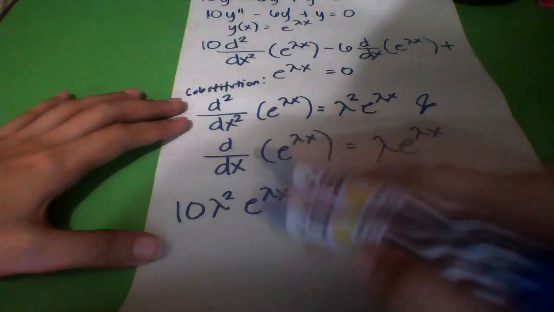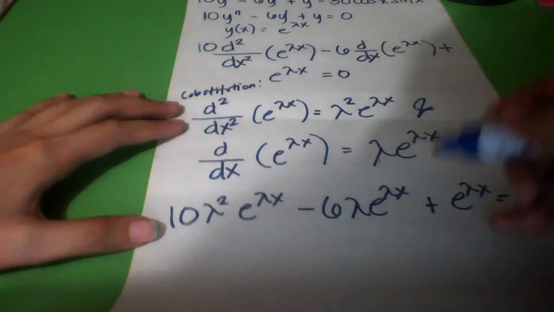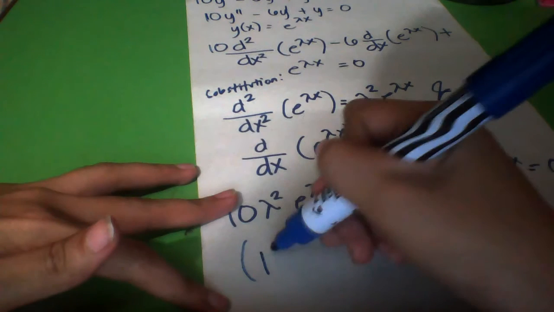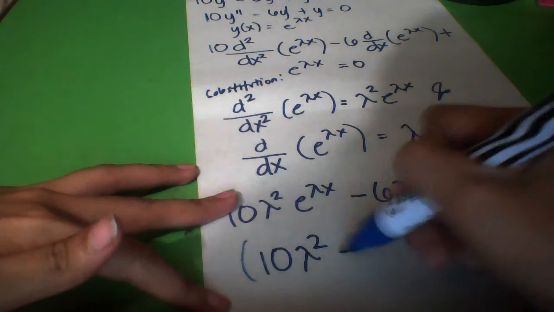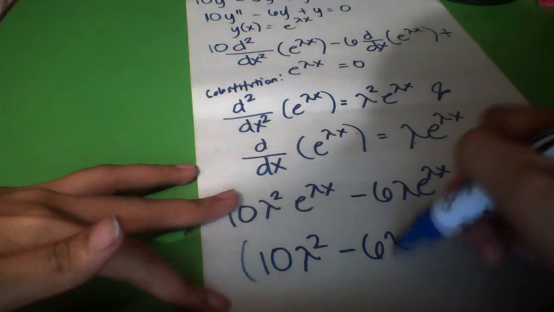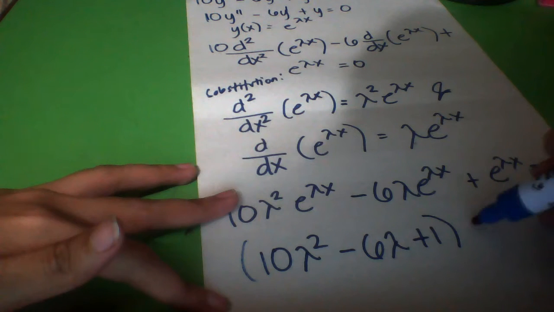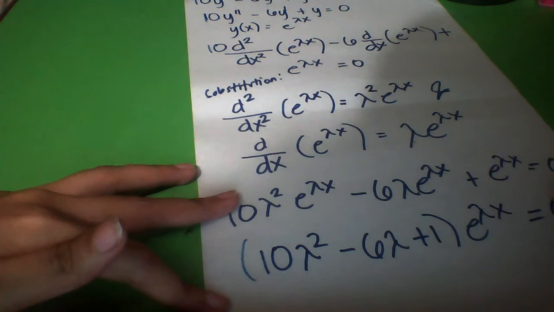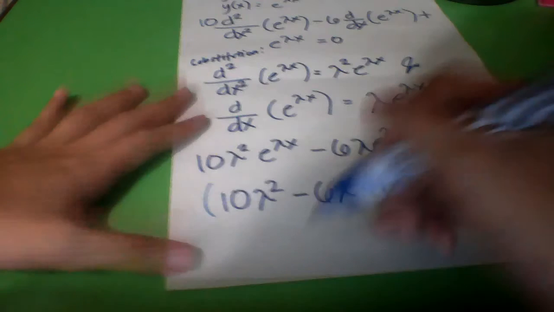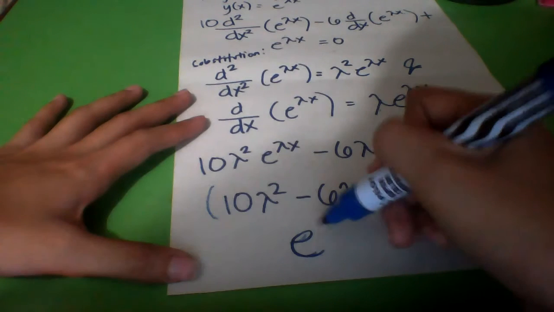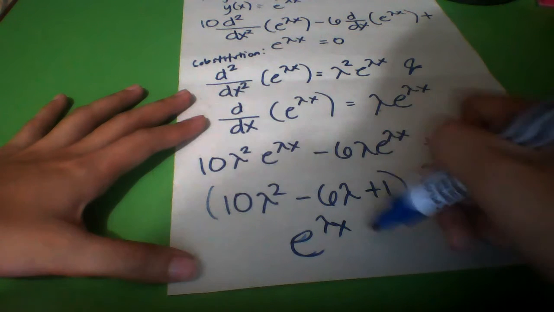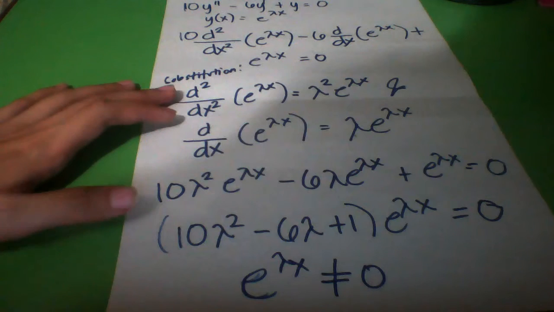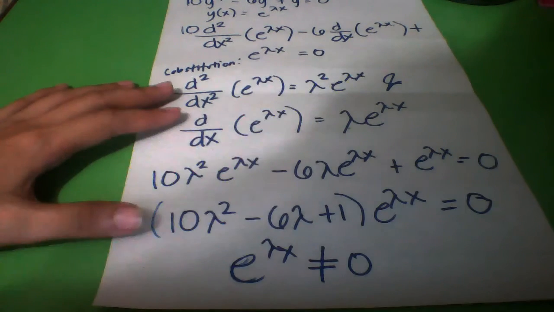So factor out e to the lambda x. So this will become 10 lambda squared minus 6 lambda plus 1 times e to the lambda x is equal to 0. Since e to the lambda x is not equal to 0 for any finite lambda, the zeros must come from the polynomial.